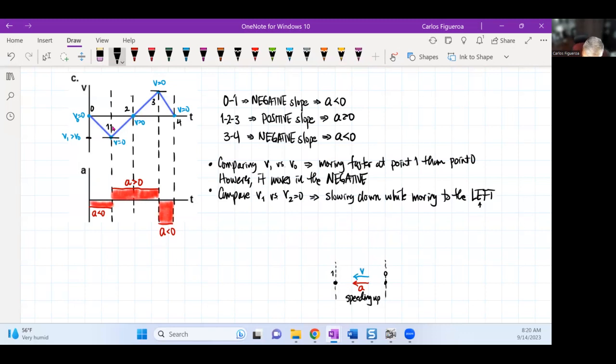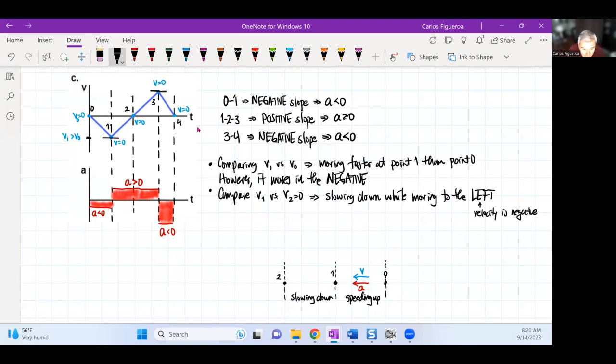Because note, the velocity is negative. The velocity is negative. So as I go to point 2 here, I am literally slowing down. Because look what we said.